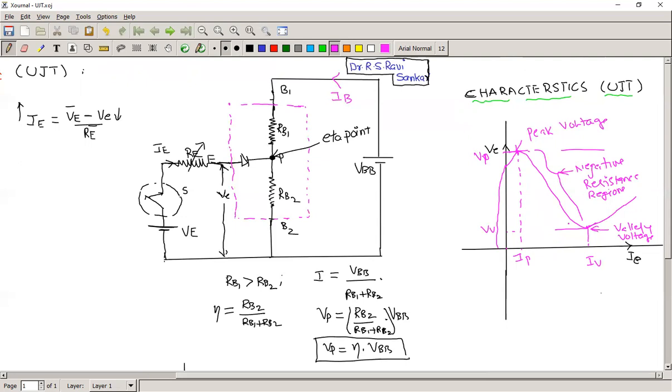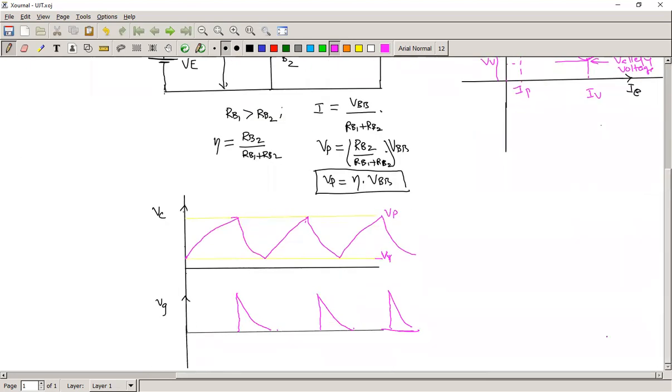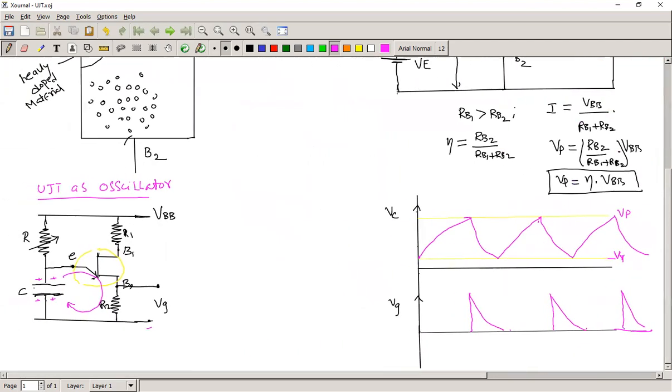We are using the UJT as an on and off device, which we have studied here. Next, we have studied the UJT as an oscillator, a device which gives continuous pulses.